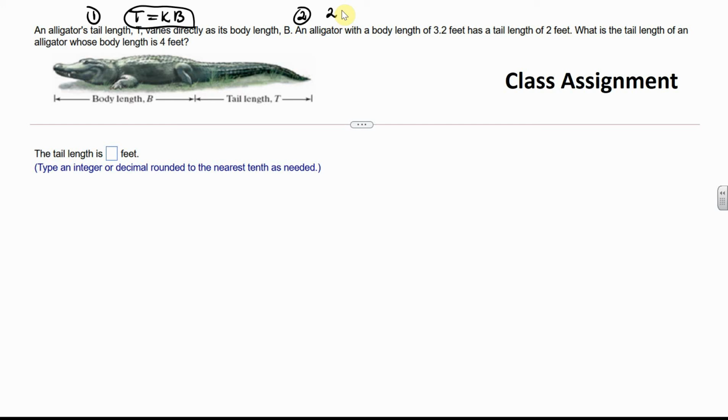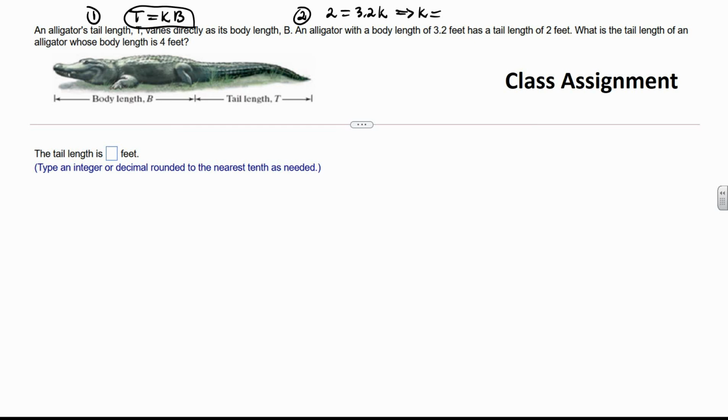So I get 2 is equal to 3.2 times k. That implies I can solve for k. So k is equal to, on our handy dandy notebook calculator, 2 divided by 3.2.